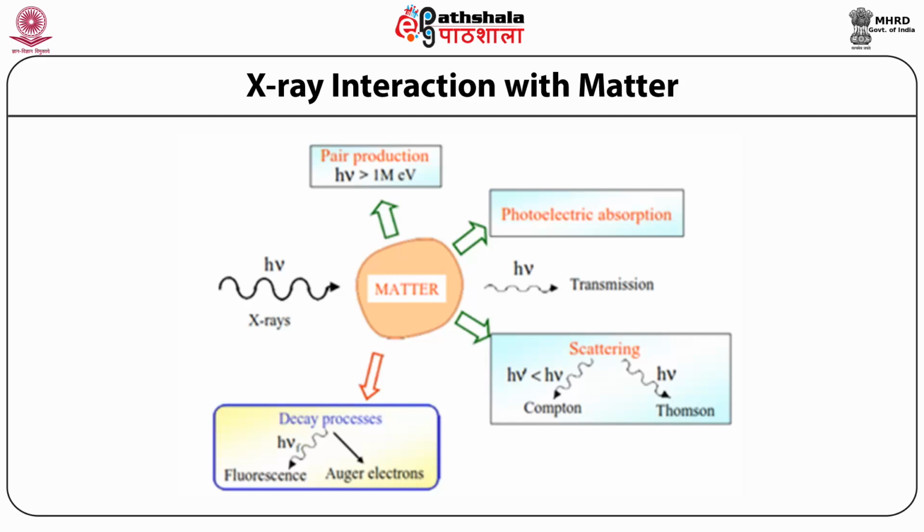There can be Compton scattering, in which the photon loses part of its energy, and in simple Thomson scattering, it may not lose energy, it can just simply scatter. And there can be some other processes like fluorescence and Auger electrons. So when a photon of X-ray is interacting with the material, these are the possible interactions that can happen.